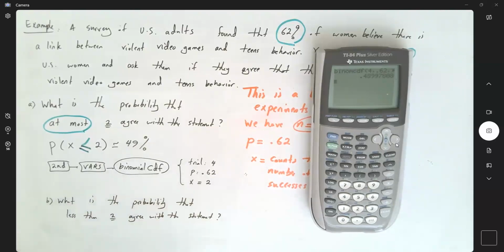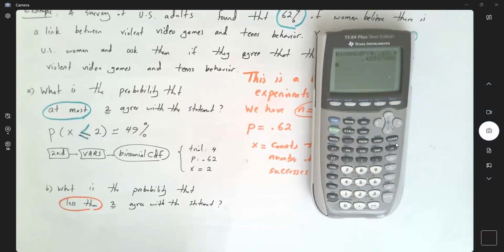Less than 2, guys, I changed the keyword to less than. It is not at most anymore. Less than is denoted by the less than sign. You're finding the probability that X is less than 2. So it cannot be equal to 2.